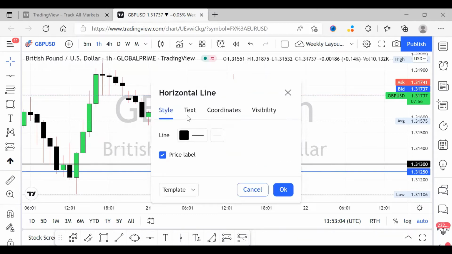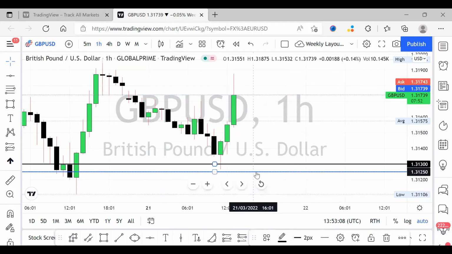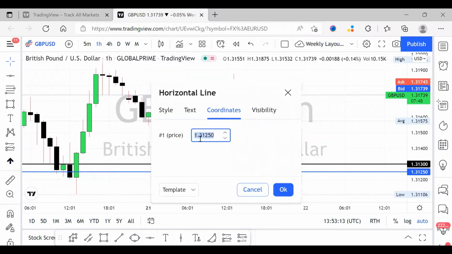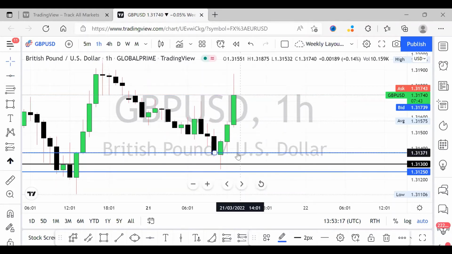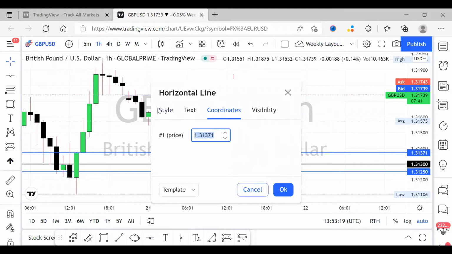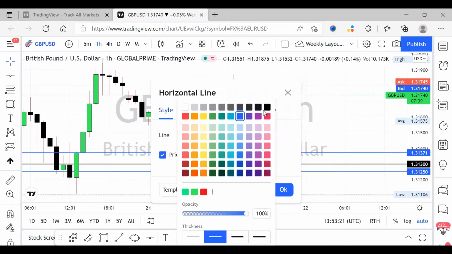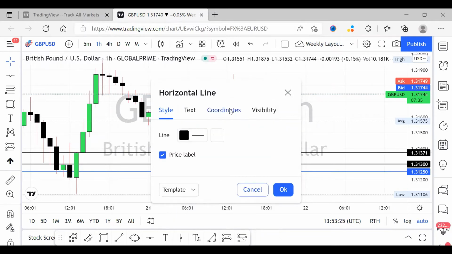Every 50 pip increase, so 31,300 here, and the other one was 31,250. So now we got another line, mark it. Change that to black, then go to the coordinates, change that to 350.